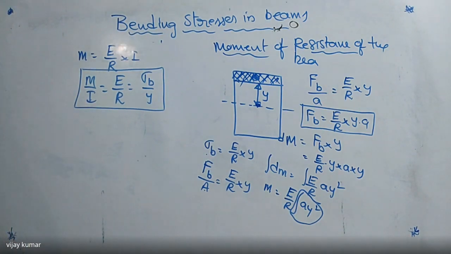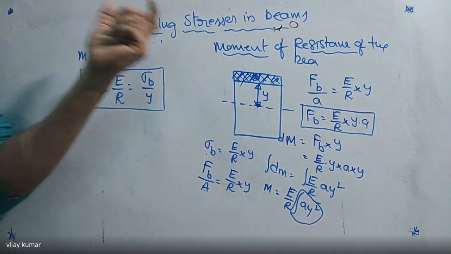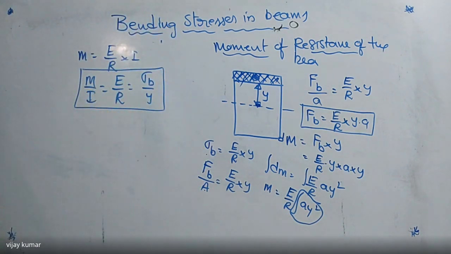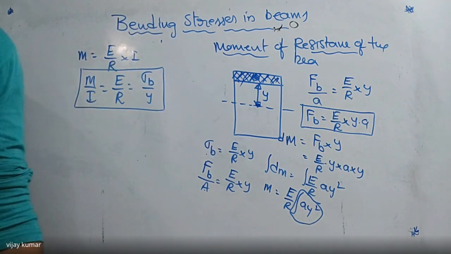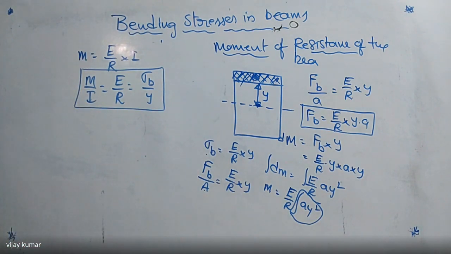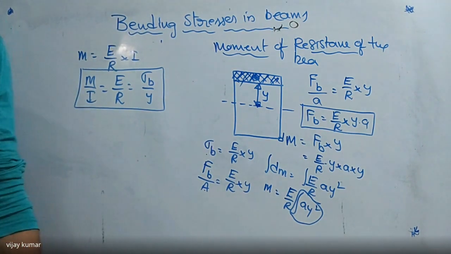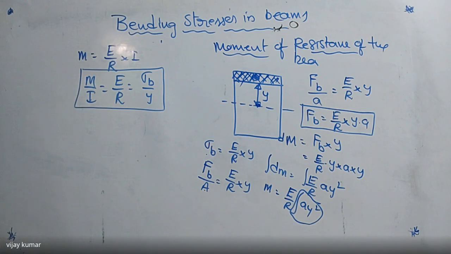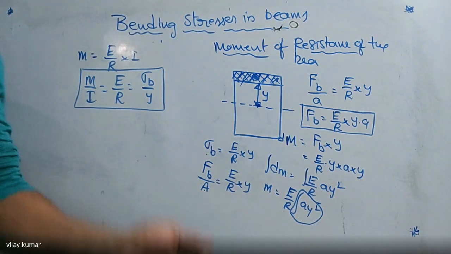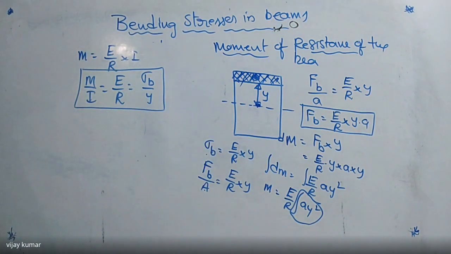The entire bending stress depends on this equation only. Which value are we going to find? We are going to find the maximum bending stress in the beam, and where the maximum stress occurs in the beam: at the top, bottom or middle. Listen carefully here.